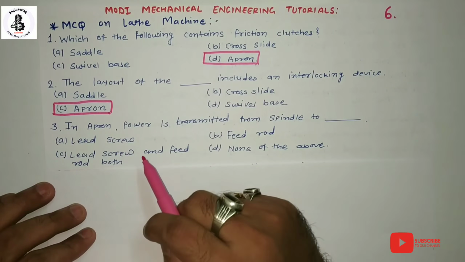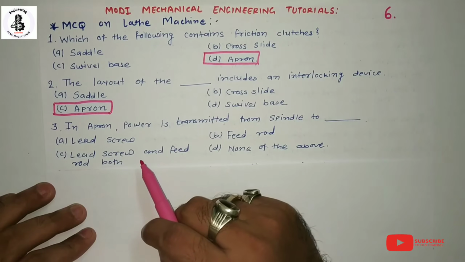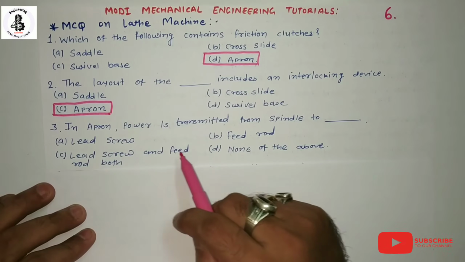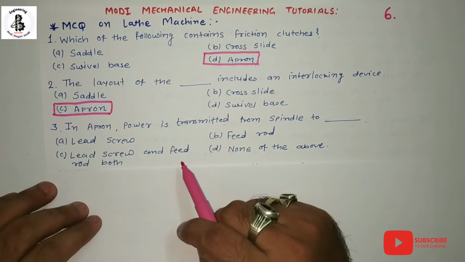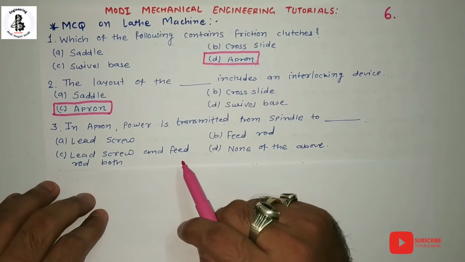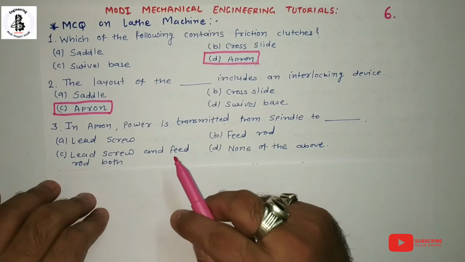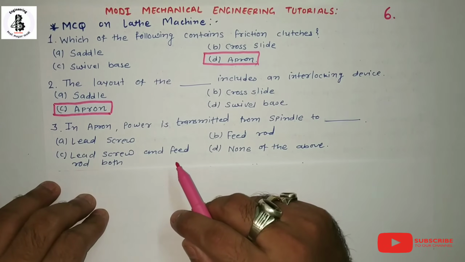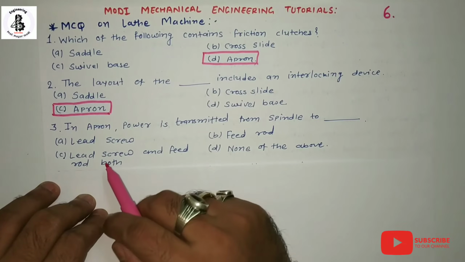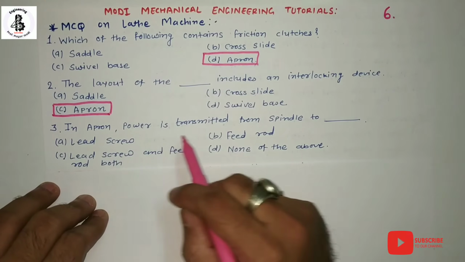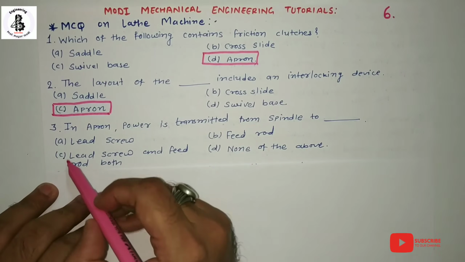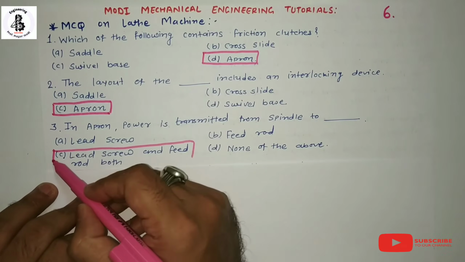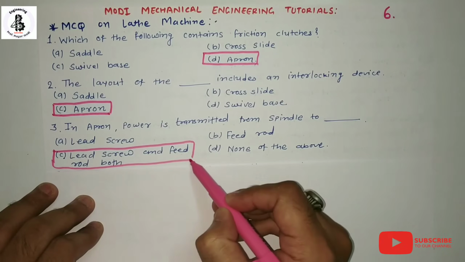Basically the apron mechanism is used to transmit the power from the spindle to the lead screw and the feed rod both. Both are used for controlling, or you can say constant feed, during the operations. So that will be option C.